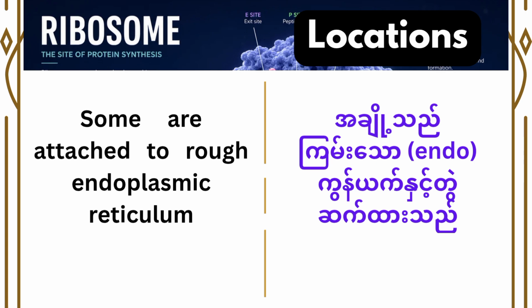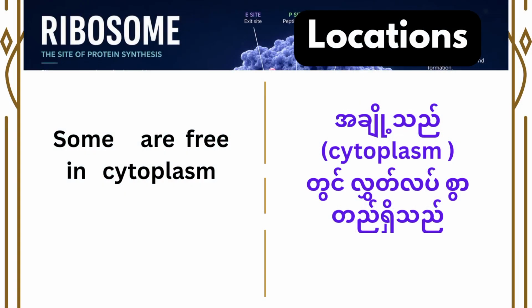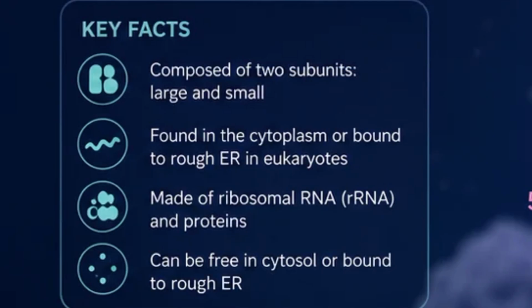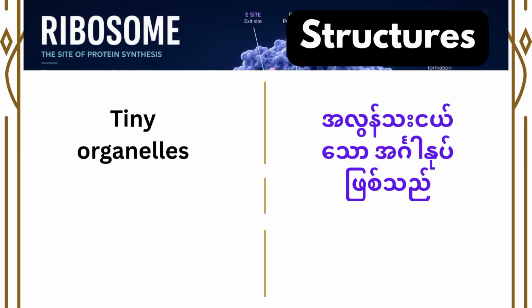Ribosome. Locations: some are attached to the rough endoplasmic reticulum. Some are free in the cytoplasm. Structures: tiny organelle.